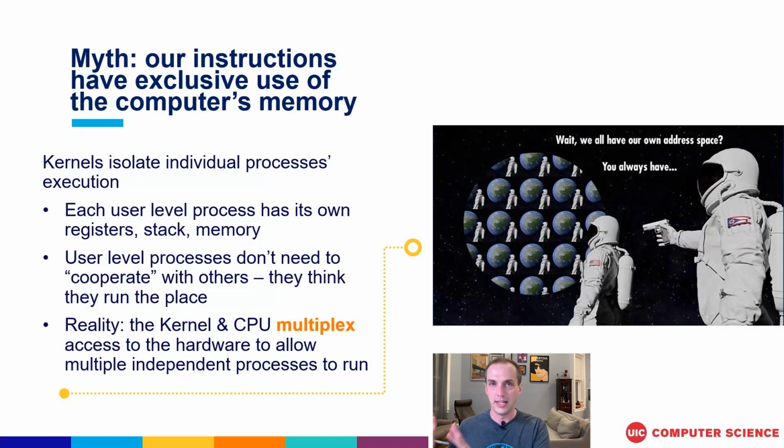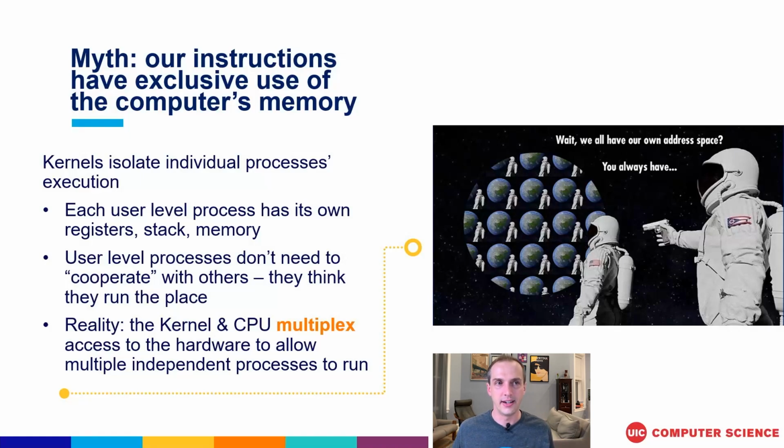We're going to go into a lot of the ways that we actually make that work efficiently in the next module. But for now, what we really need to keep track of is the fact that every individual running process has its own view of the world that simplifies things by allowing it to not have to intentionally cooperate with the other processes that are running on the machine.